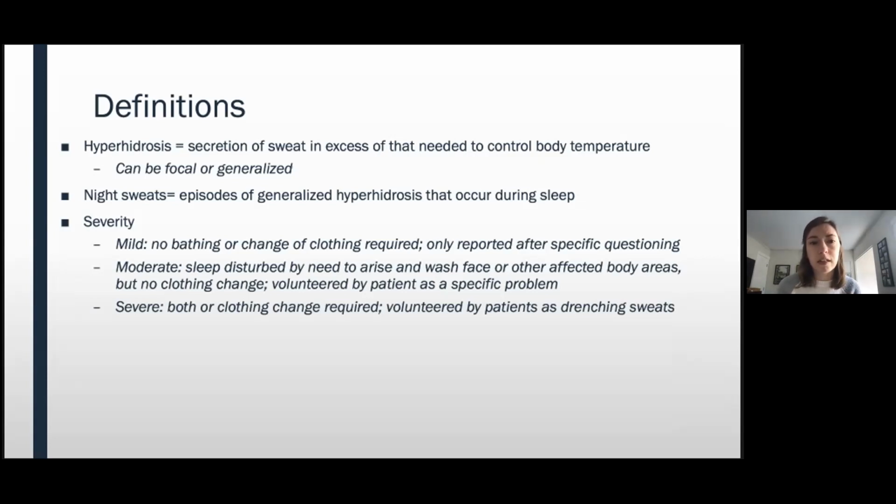Moderate night sweats were classified as patients whose sleep was disturbed by the need to get up and wash their face or other body areas that were affected by the sweating, but they didn't need to change their clothing or their sheets. And they also counted this if the patient was volunteering this as a specific problem for them. And then severe night sweats were considered when you needed to change your clothing or bed sheets, and it was volunteered by patients often as drenching sweats.